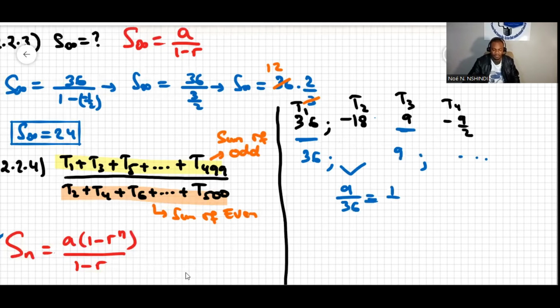So the constant ratio is no longer -1/2 but a quarter, because -1/2 times -1/2 makes a quarter.